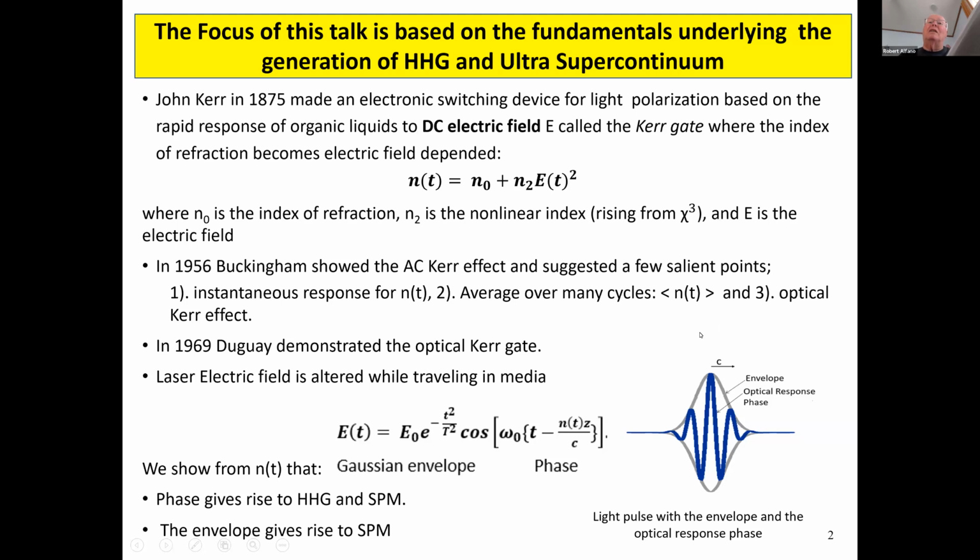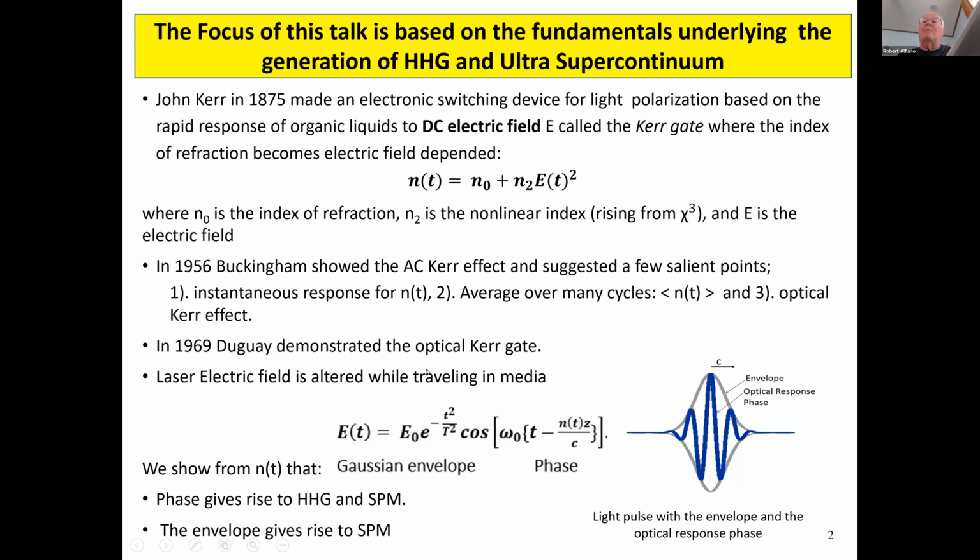And only with the development of the laser, Duguay in 1969, 15 years later, did the optical Kerr effect, where he used a picosecond laser pulse, which had 10 to the 5th volts per centimeter, and he found the light of a probe beam changed the state of polarization of the beam.